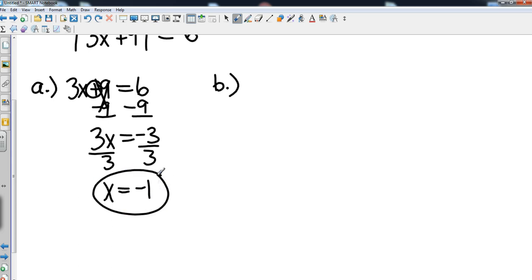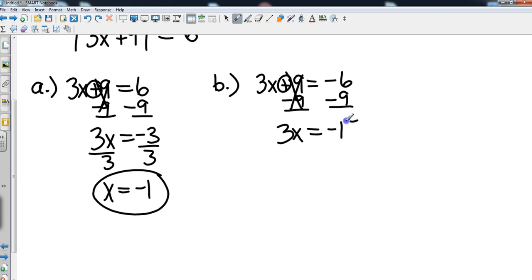Then we take our second equation, which is going to be 3x plus 9, and we change that 6 to a negative 6. Identify the positive and subtract it. That gives us 3x equals negative 15. Divide both sides by 3, and x equals negative 5.